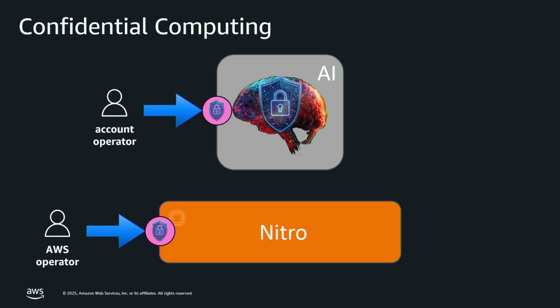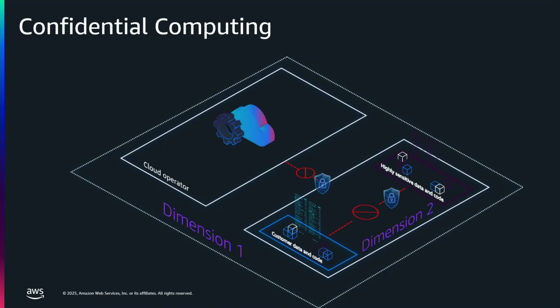One way to think of this problem instead of this picture is to look at it in dimensions. We call the environment where AWS operators don't have access dimension 1. We, including me, as I operate this fleet on a day-to-day basis, do not have any API access that would allow us access into customer data, right?